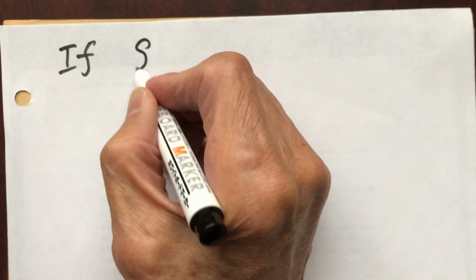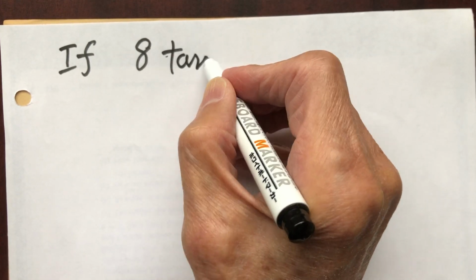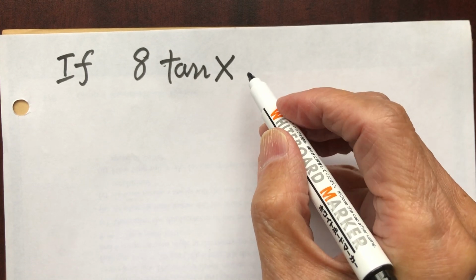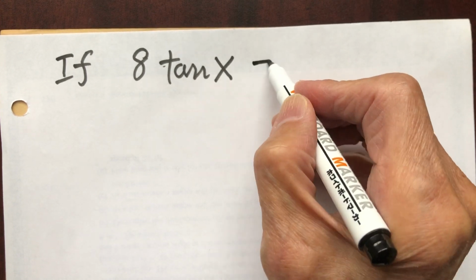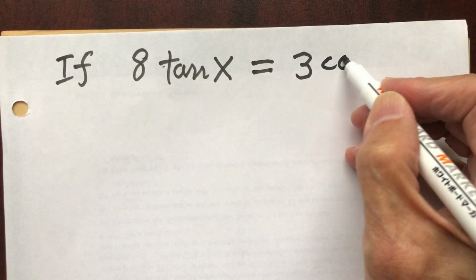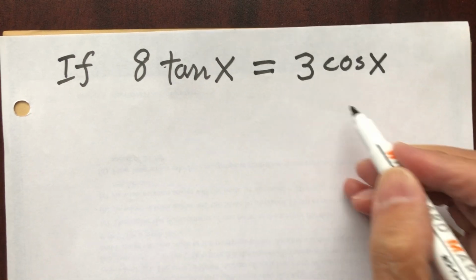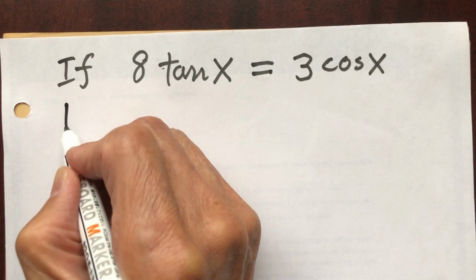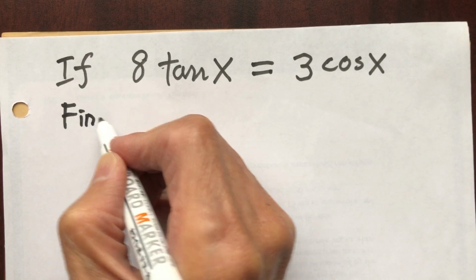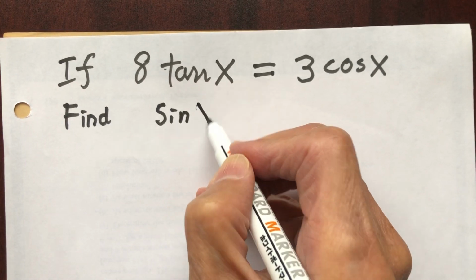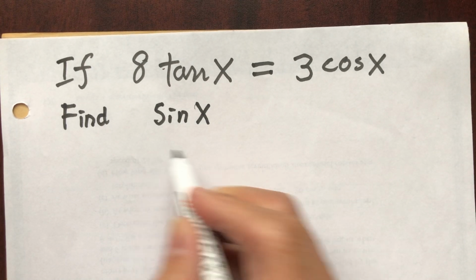The third one is, if eight times tangent x is equal to 3 times cosine x. If this is true, I want to find sine x. What is this?